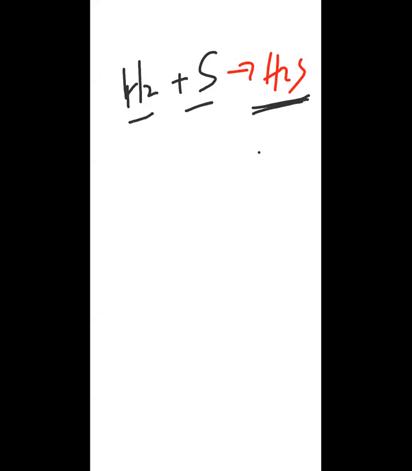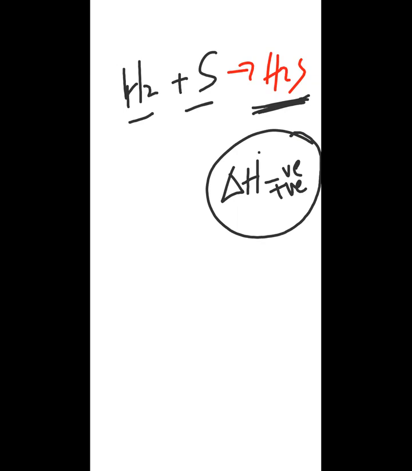Hydrogen and sulfur both are joining together to give you H2S. There will be enthalpy change, definitely, bond breaking, bond making. There is a possibility that extra heat is being absorbed or extra heat is being released. So there will be some delta H that could be negative and that could be positive. It depends if the reaction is exothermic or endothermic.